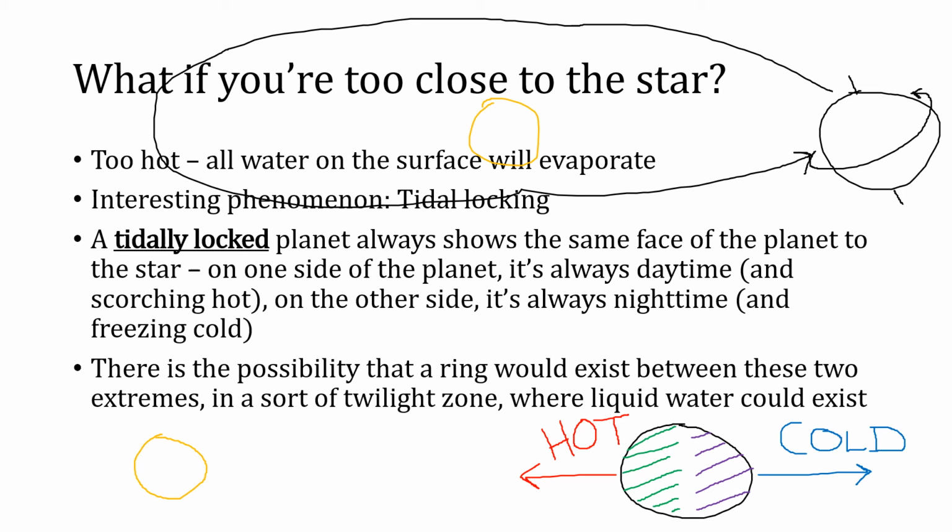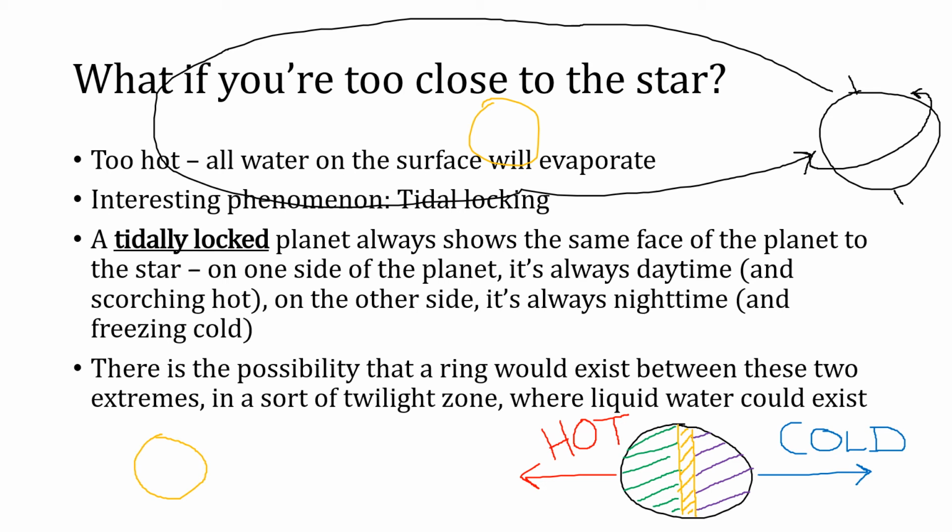And so you could realize that there might just be this intermediate region right here on this planet, right in here where I've put these yellowy orange lines. There's this little region right here where it might just be not too hot, not too cold. And so you might have a band where liquid water could exist running around the planet from pole to pole.